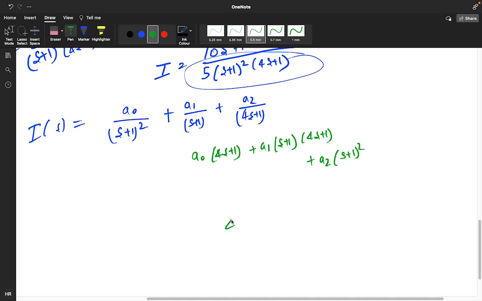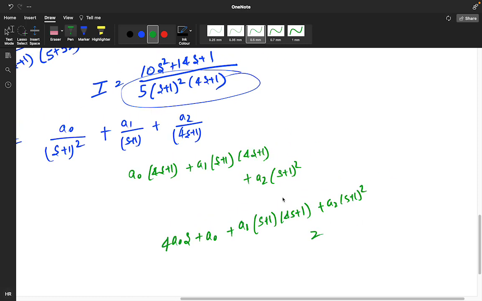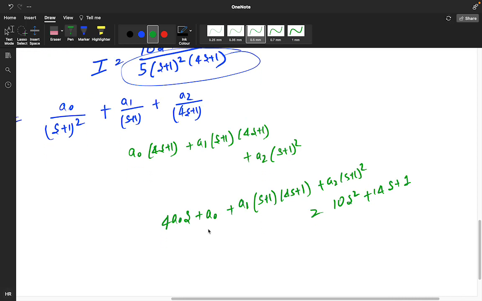So you are getting 4 a0 s plus a0, and solve this one: a1 into s plus 1 into 4s plus 1 plus a2 into s plus 1 the whole square. If you solve this and equate with 10s square plus 14s plus 1, you will get some s square term here, some s term here, and some constant term here.